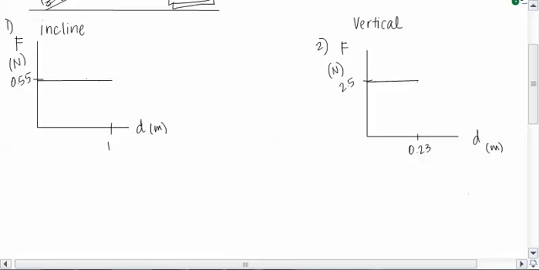So there are 2 things that you can do with most graphs. If you're ever trying to figure out what this graph is giving me, or what kind of information I can find from this graph, look at the slope and look at the area under the curve, because one of those 2 things is probably important. Now these 2 forces are different and the distances are different.